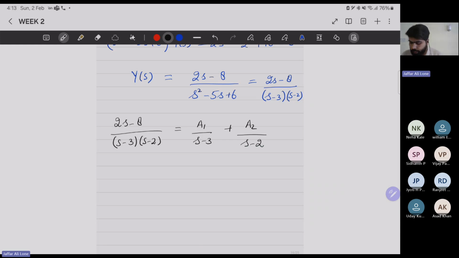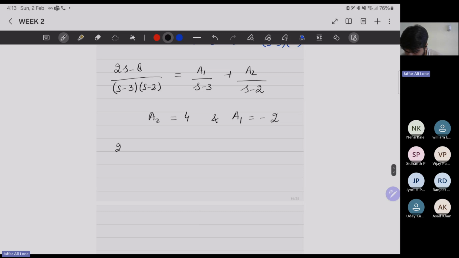On solving, we find the value of a2 is equal to 4 and a1 is equal to minus 2.